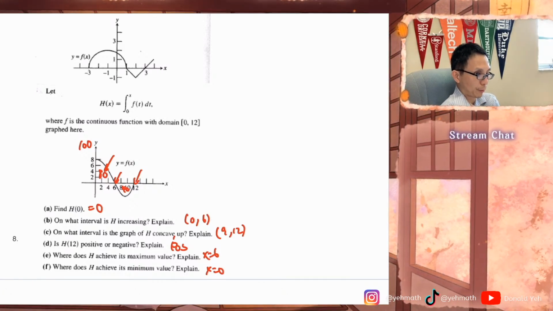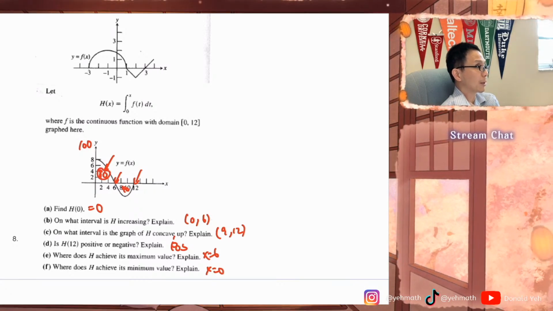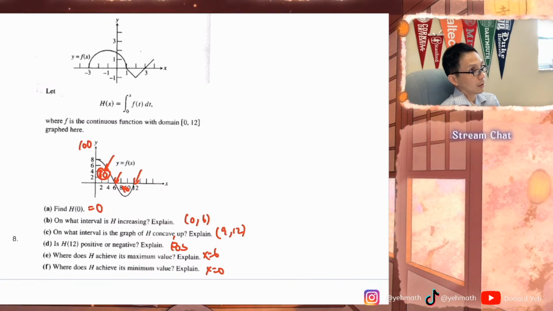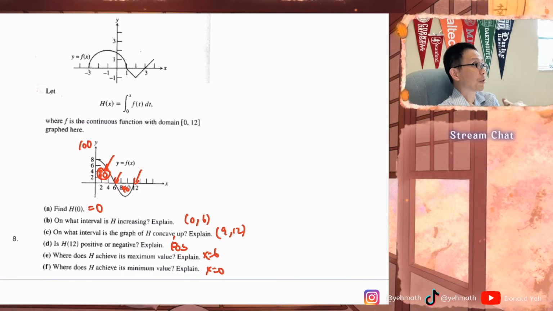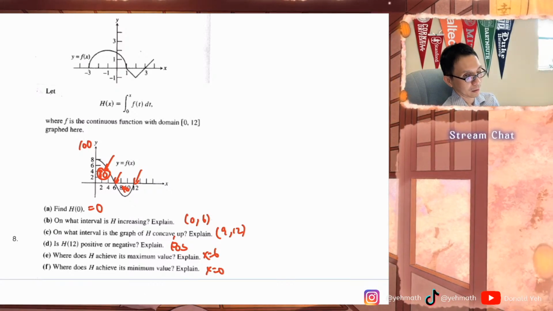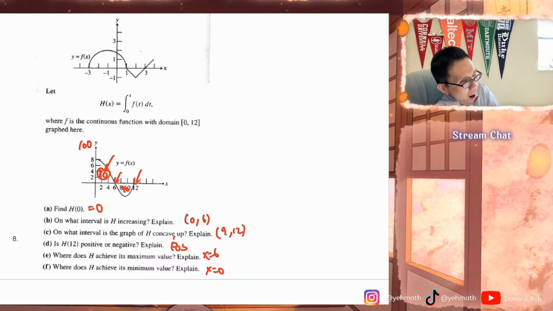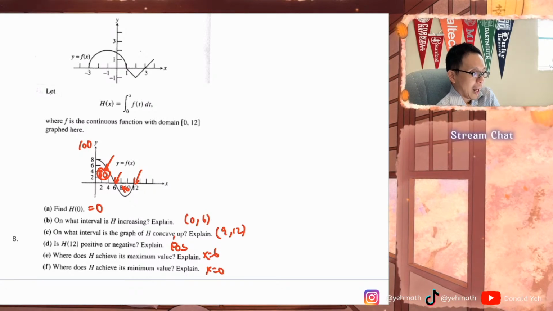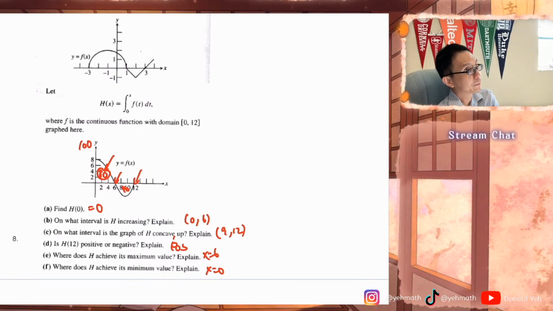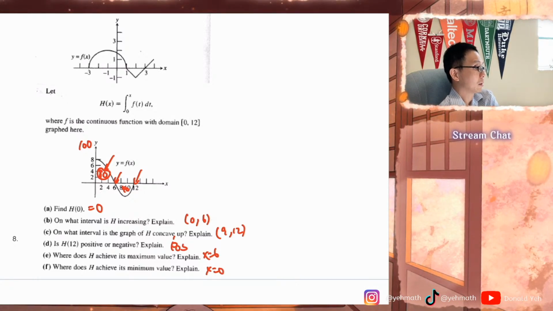The lower is before you gain this 80, which is 100. Because you have positive area, that means your value is still increasing, right? So if the area below the x-axis was bigger than the area above the x-axis, that will happen on the other endpoint, because you lose more value than what you start out with.